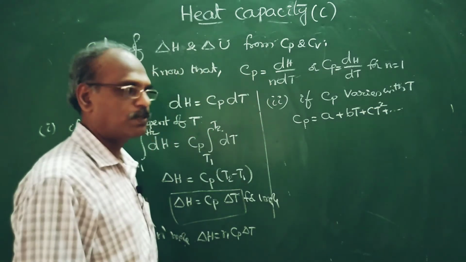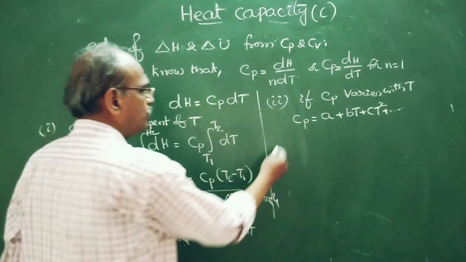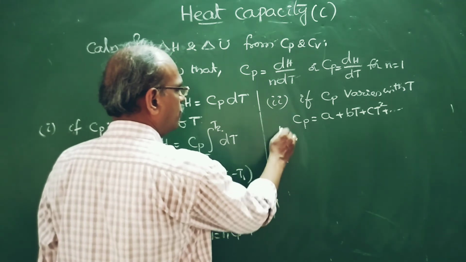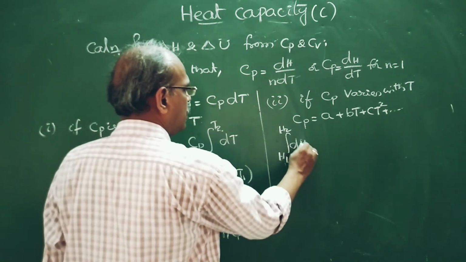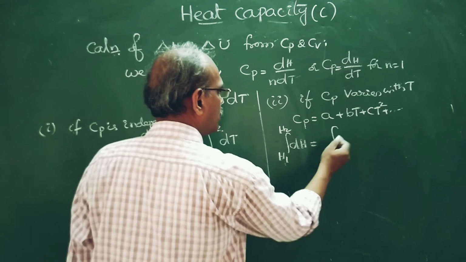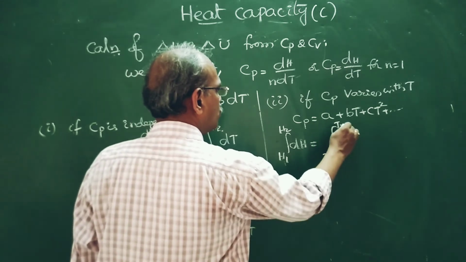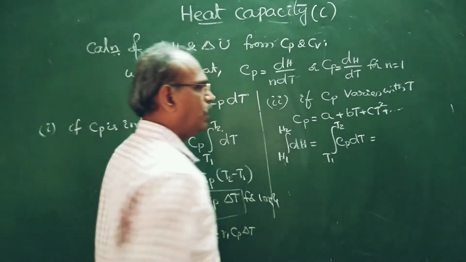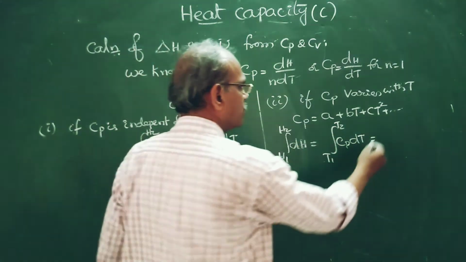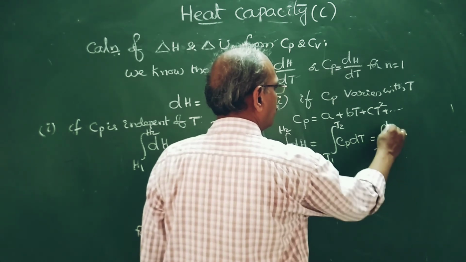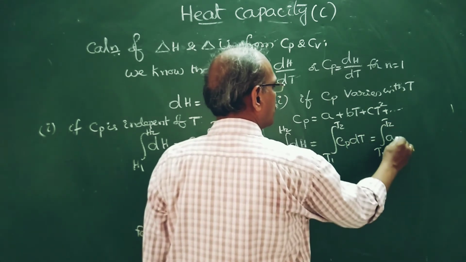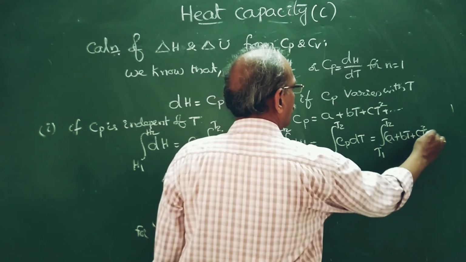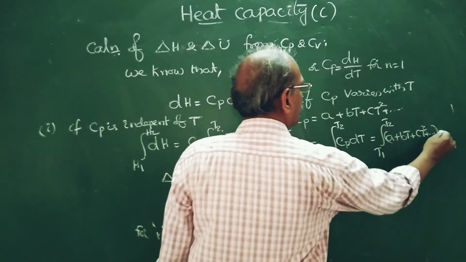Now the integral of dH from H1 to H2 is equal to the integral from T1 to T2 of A plus BT plus CT square plus so on dT.